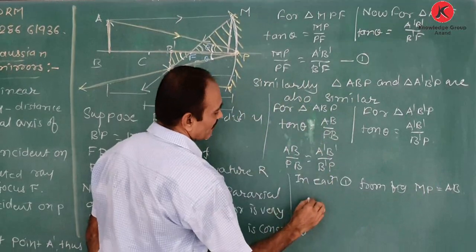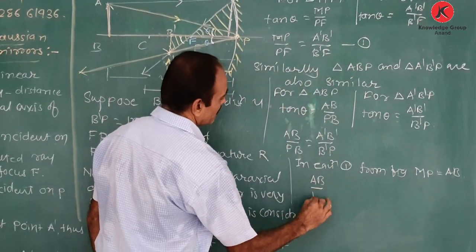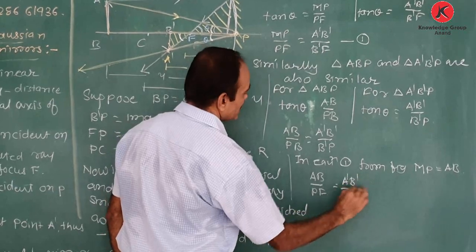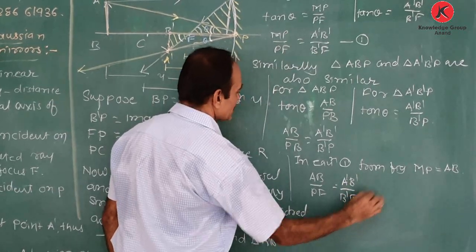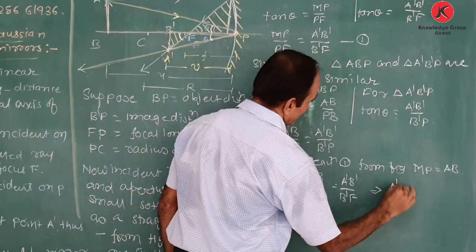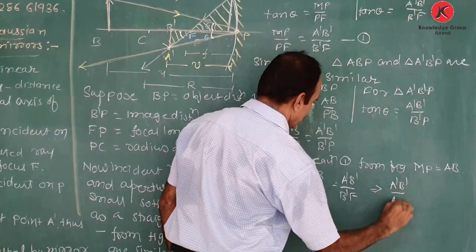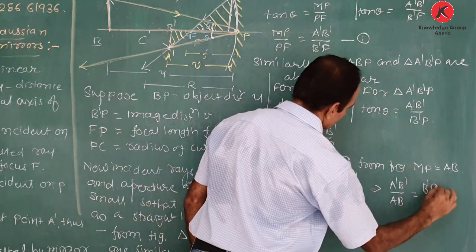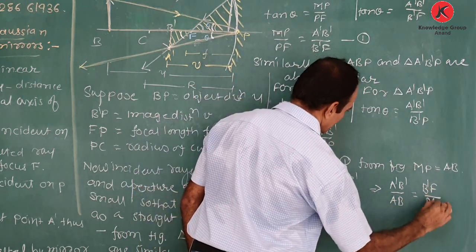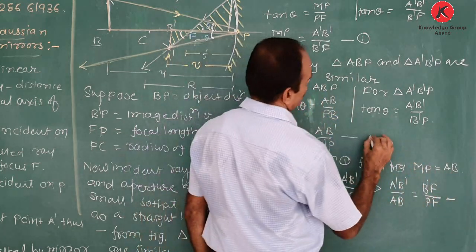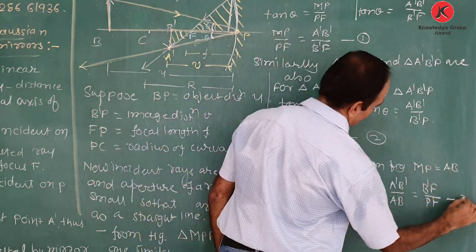Therefore, equation 1 becomes AB upon PF is equal to A'B' upon B'F. Therefore, A'B' upon AB is equal to B'F upon PF. That is our equation number 3.